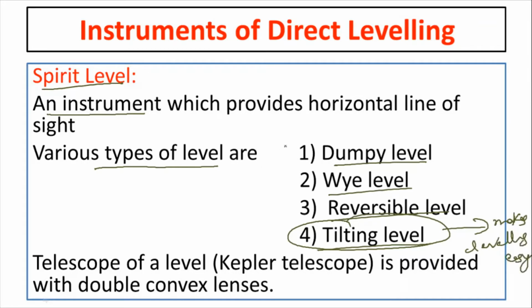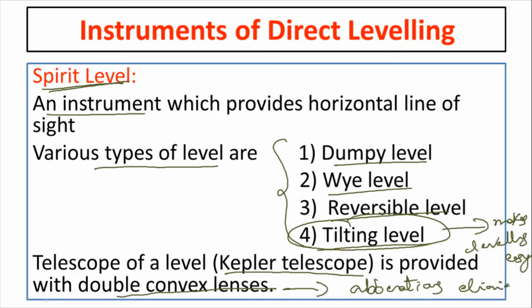In all these instruments we use the Kepler type of telescope, which is provided with a double convex lens. The advantage of using this double convex lens is that we can eliminate aberrations.